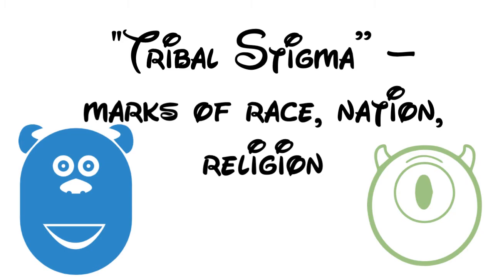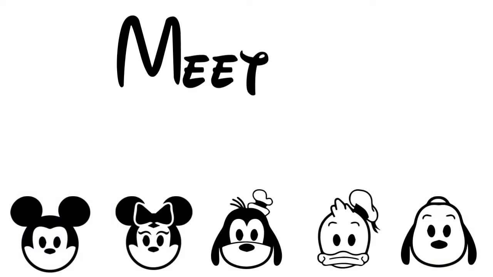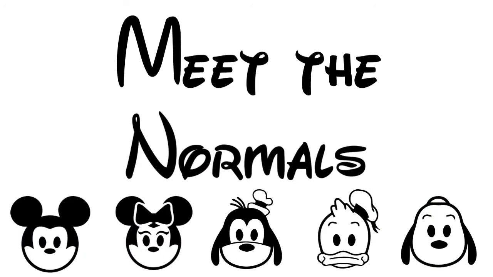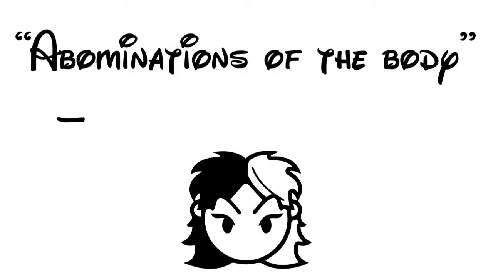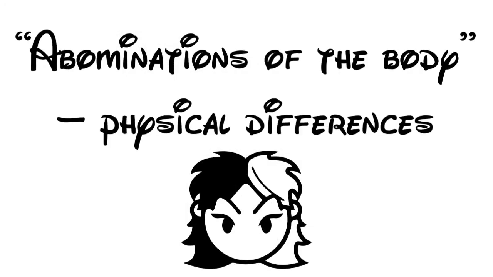Goffman described those of us who do not possess these kinds of socially discrediting characteristics as normals. Normals negatively respond to the stigmatized, which causes certain predictable responses on the part of the stigmatized. So in the case of Dumbo, we are going to be talking about the abominations of the body category discussed by Goffman.